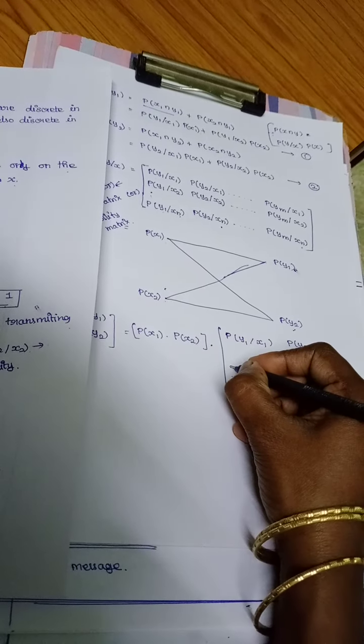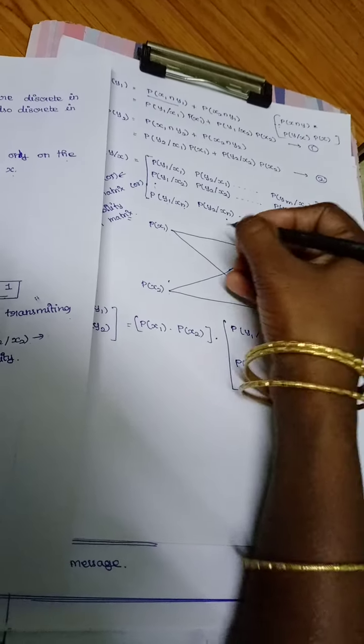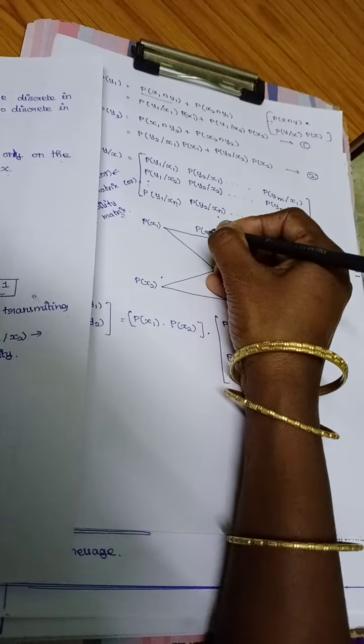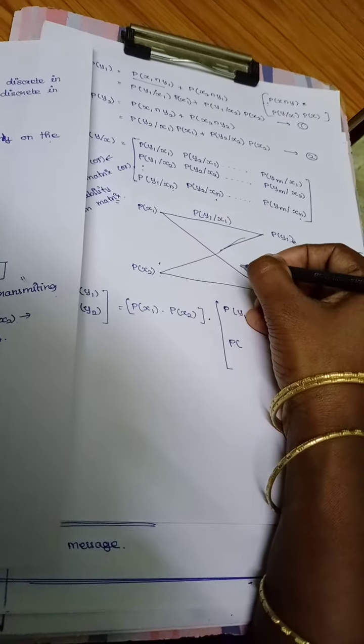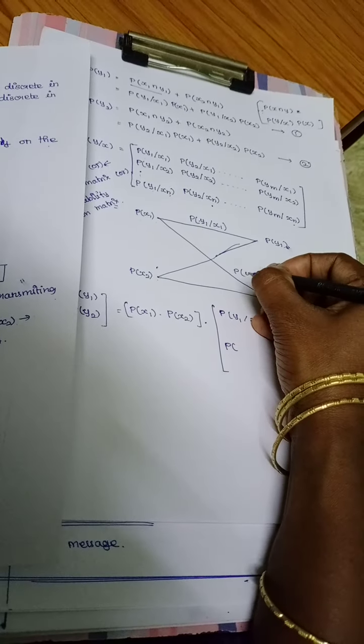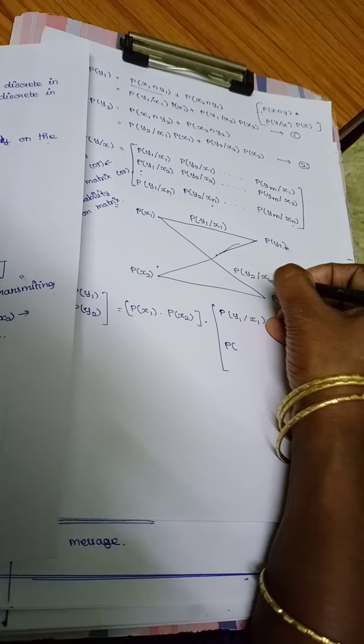Your next one is P of y1 divided by x1 and P of y2 divided by x1.